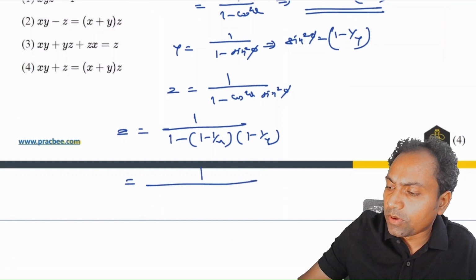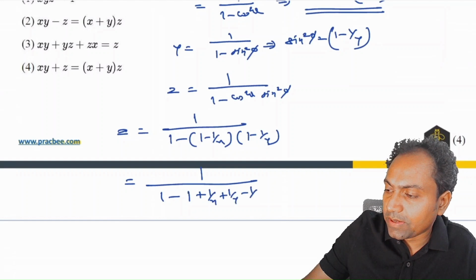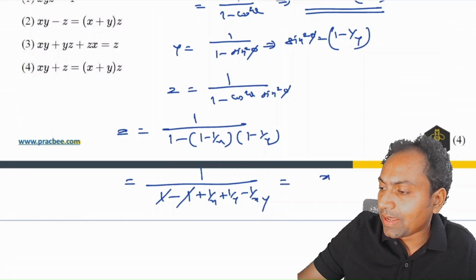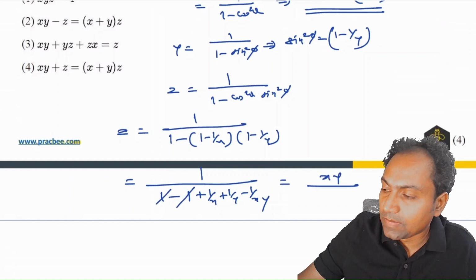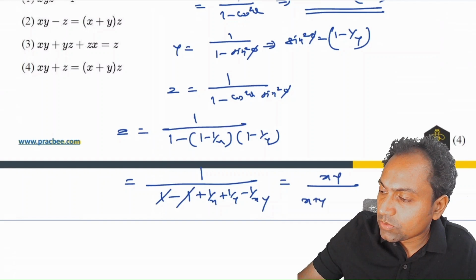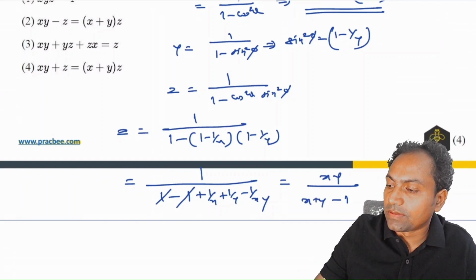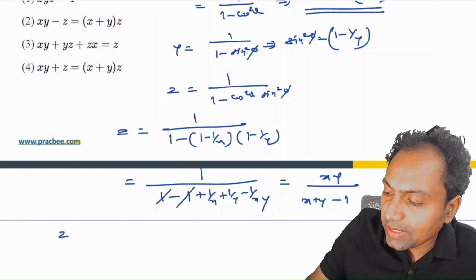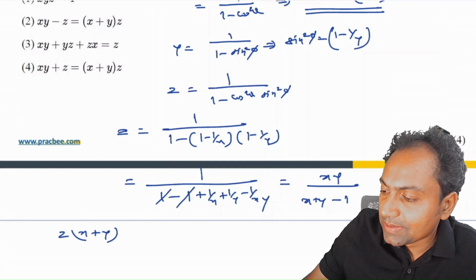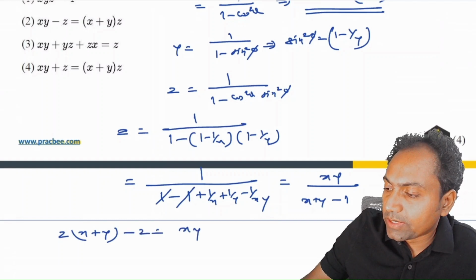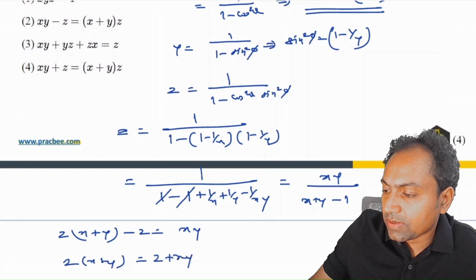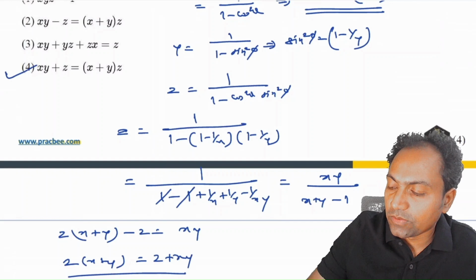It becomes 1 upon 1 minus 1 plus 1 by x plus 1 by y minus 1 by xy. So this 1 gets cancelled out. If I take LCM, it becomes xy upon x plus y minus 1. Okay. And now I can cross multiply. So this becomes z into (x plus y minus 1) is equal to xy, or z into (x plus y) is equal to z plus xy. And you can see that this matches our option 4.